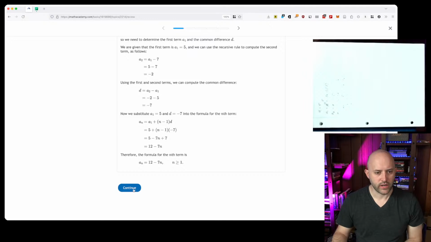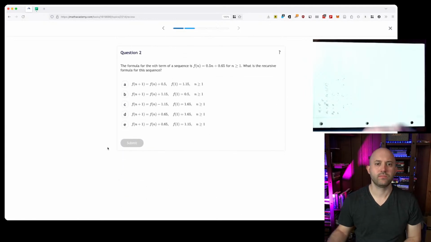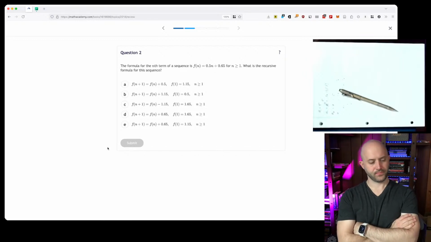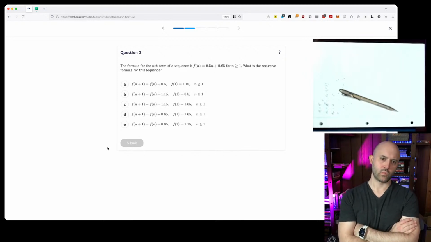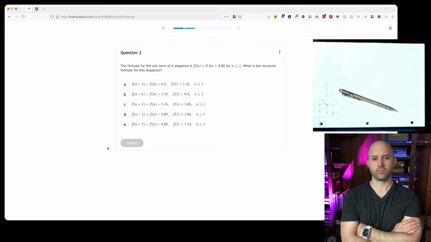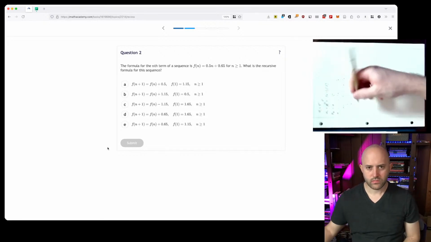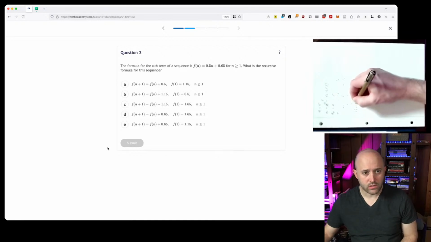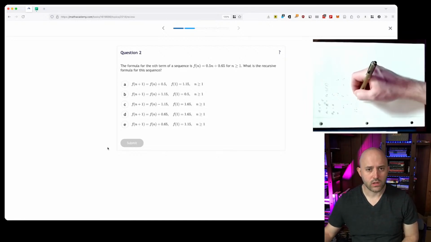They give a nice little write-up here for how to think about it. Formula for the nth term of a sequence. So f of n plus 1 equals the previous one times 0.5.